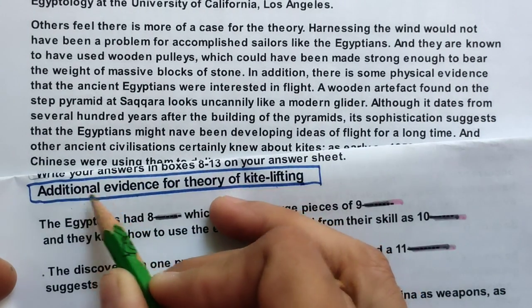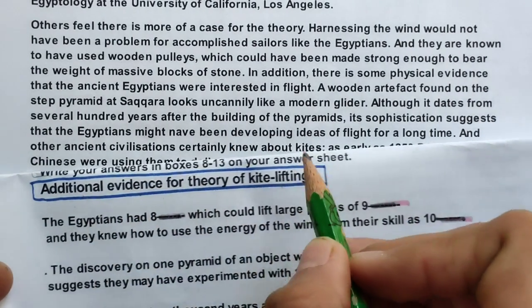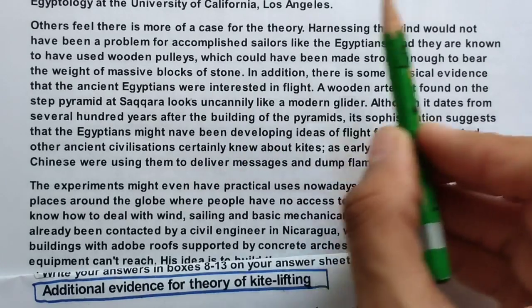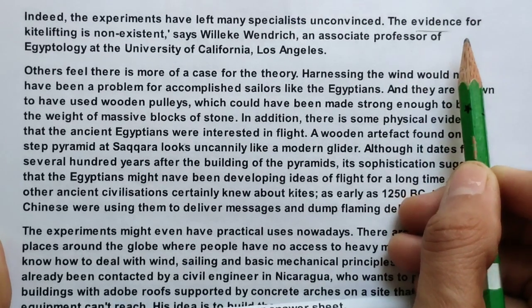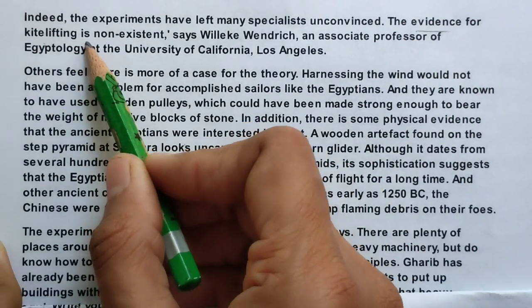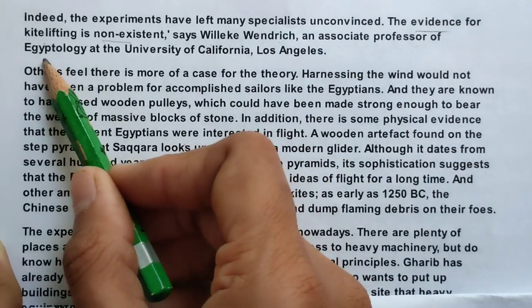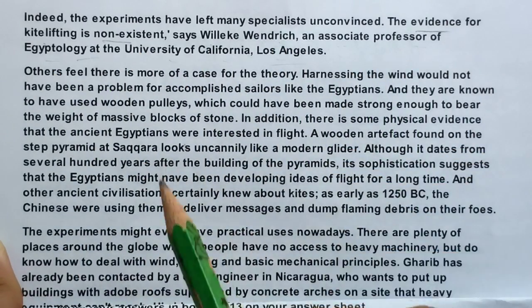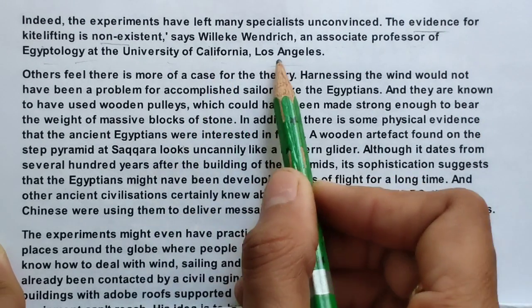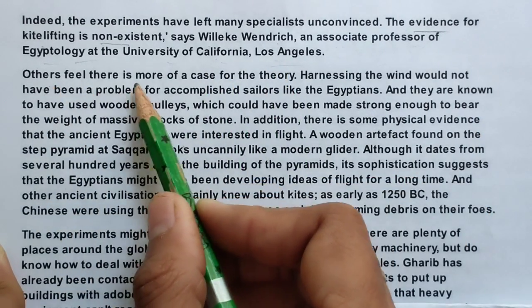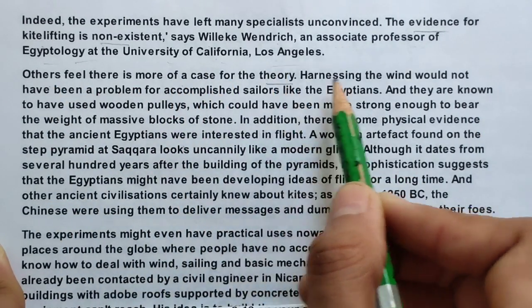Additional evidence for theory of kite lifting. I can see the word evidence here. The evidence for kite lifting is non-existent, says an associate professor at the University of California, Los Angeles. Others feel that there is more of a case for the theory.